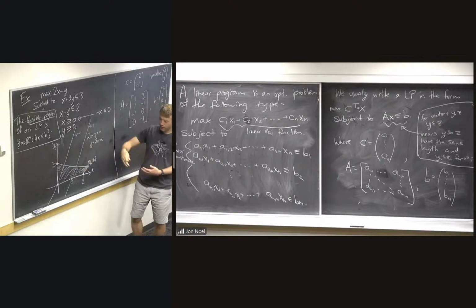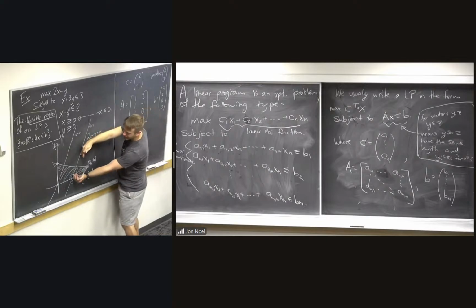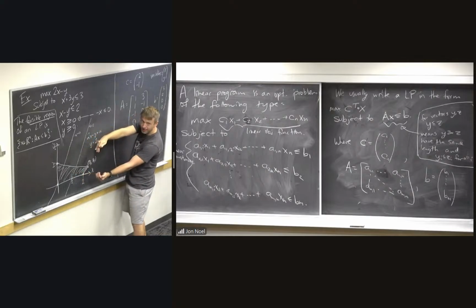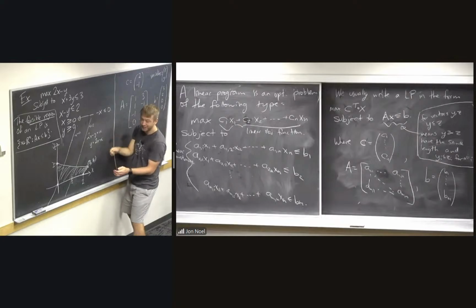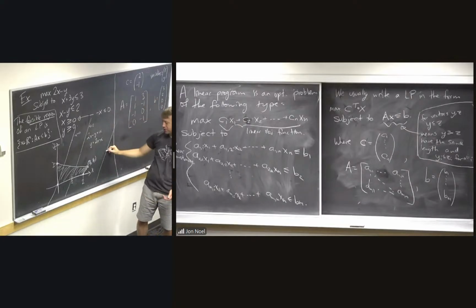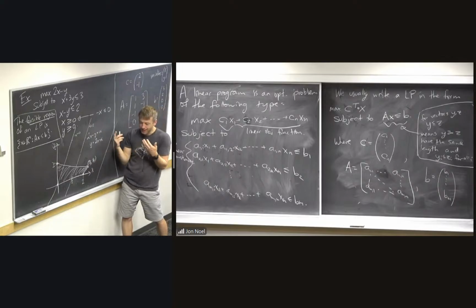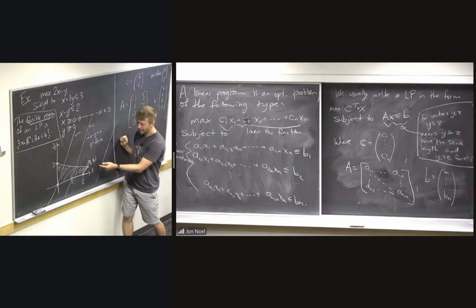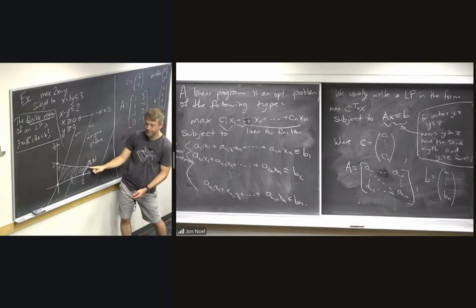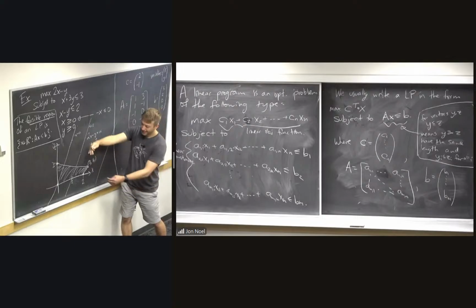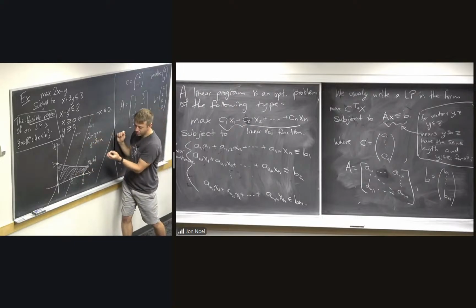So if you think about it, maximizing this is just trying to shift this line as far as you can without missing the entire region. If I draw the line over here, there are no feasible points on that line. So you want to shift it as far as you can while you're still touching the feasible region. If this drawing is in any way accurate, it's kind of clear that this is the point where it's maximized. What's the last point on the feasible region that this line touches?